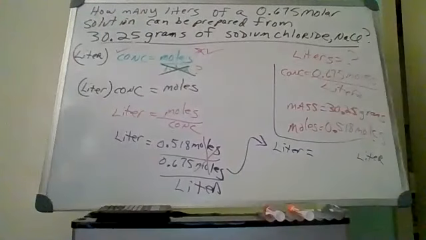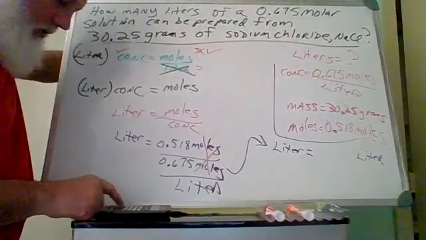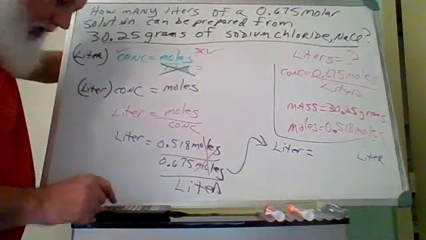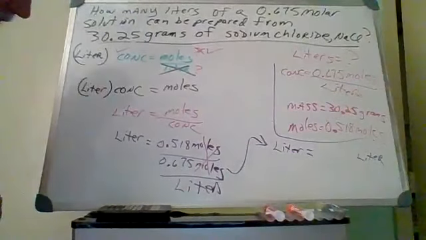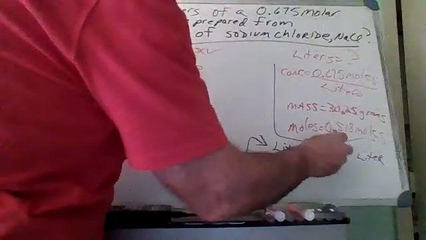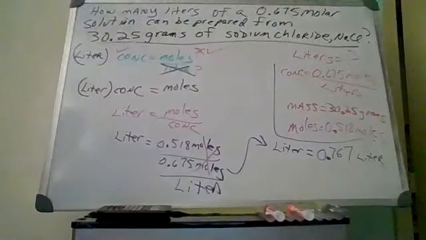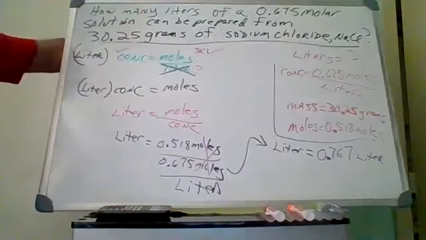Now let's just get out the calculator. I have the 0.518 in my memory. So recall 1 divided by 0.675 equals, and I get 0.767 after rounding. 0.767. Okay, and we're done.